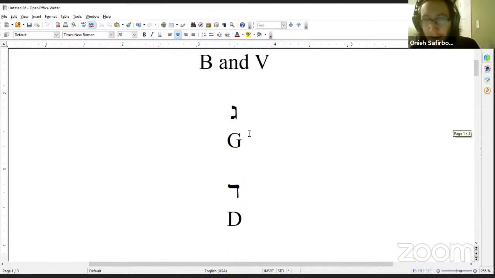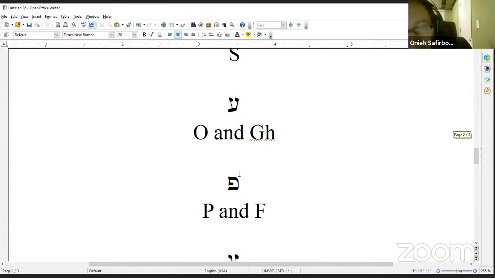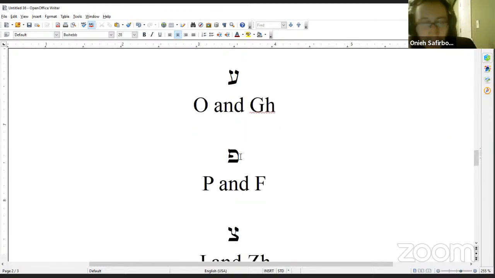So both those sounds are so close to each other that they are combined into the same letter. And then for double consonants, you have the letter pe, which corresponds to the English letter P, and it has both a P sound and an F sound.